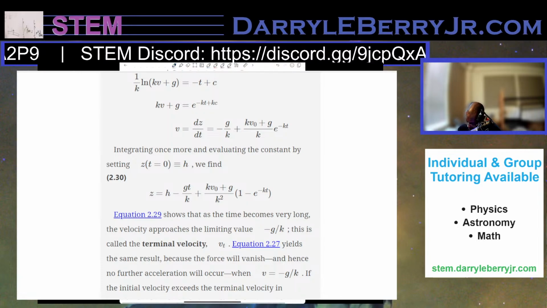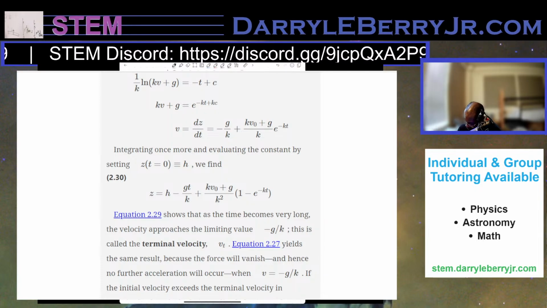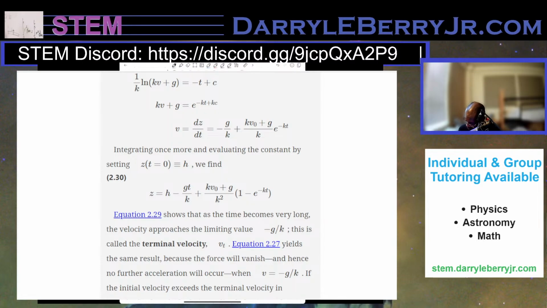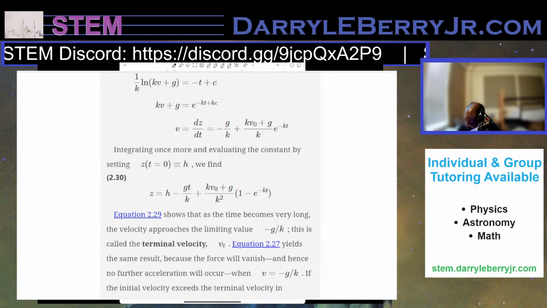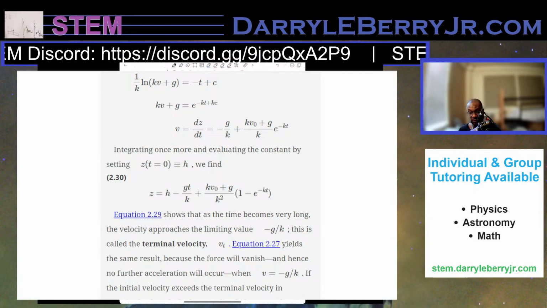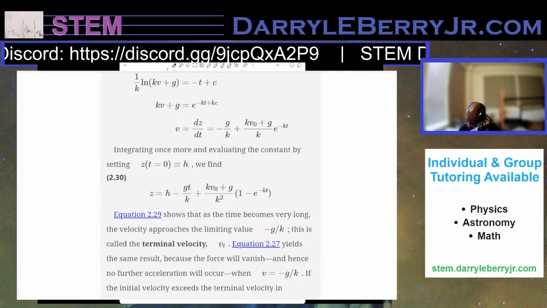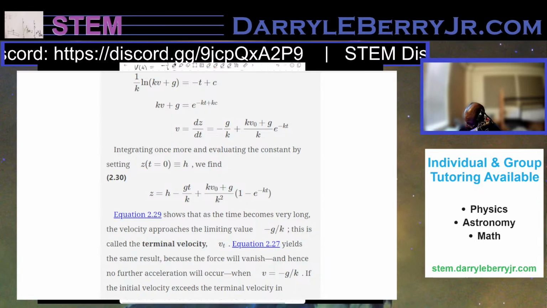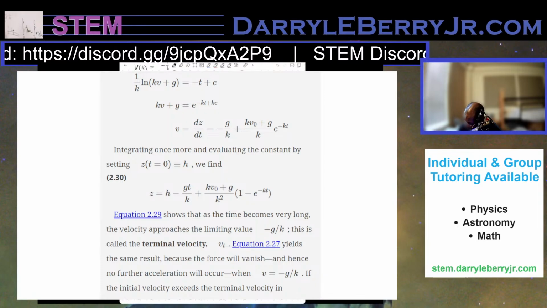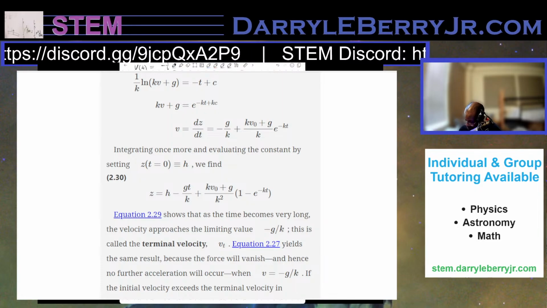So we have x(t) equals g over k t plus (g minus v0 k) over k squared e^(-kt) plus h minus (g minus v0 k) over k squared, which equals g over k t plus h plus (g minus v0 k) over k squared times (e^(-kt) minus 1).